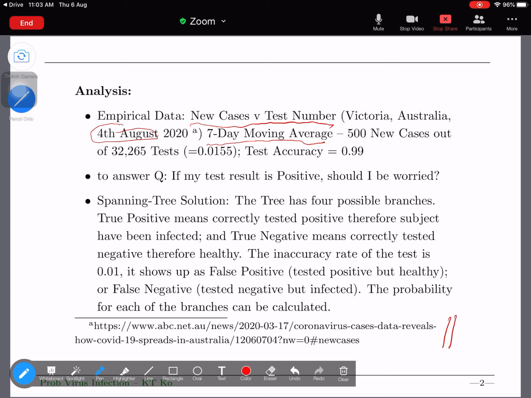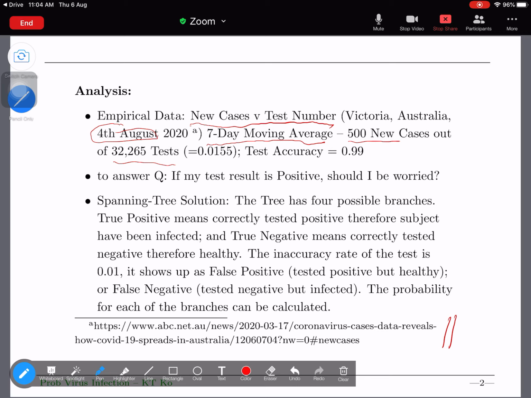Later on I will look at new cases over the entire population. New cases versus test numbers is about 500 new cases on that particular day, on a 7-day moving average, with more than 42,000 tests.